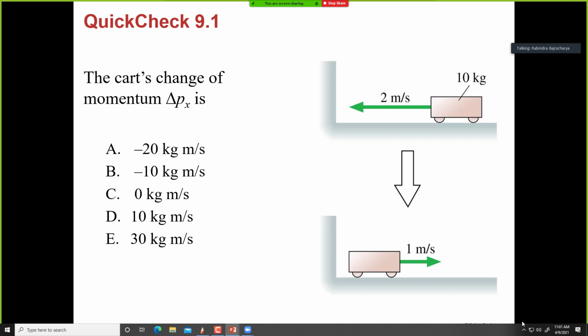So what is the change in momentum of that cart? So the cart hits the wall and it bounces back.